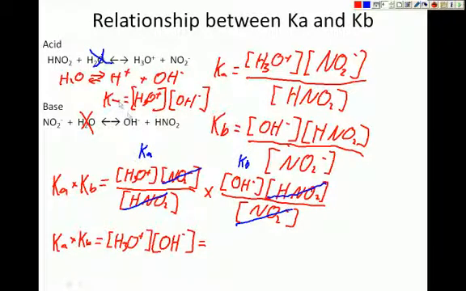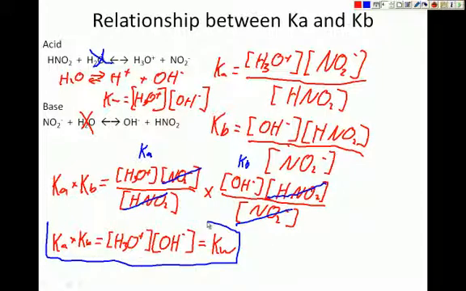This is Kw. So Ka times Kb equals H3O plus times OH minus, which is also equal to Kw. So what you can also say is Kw is equal to Ka times Kb.